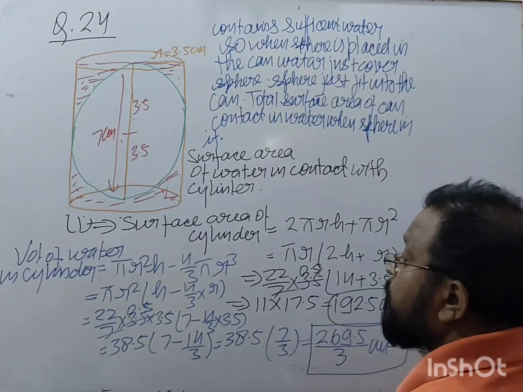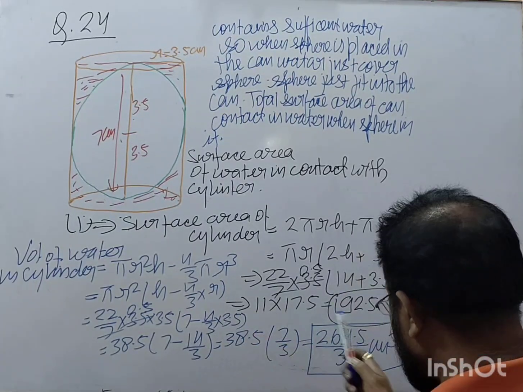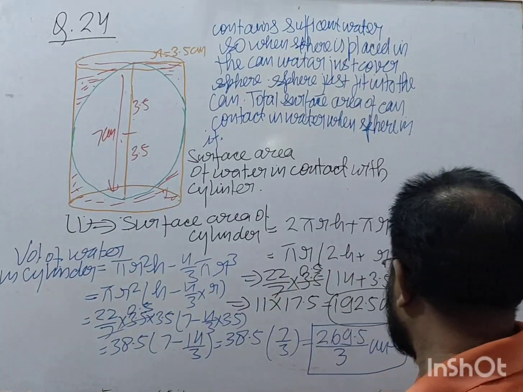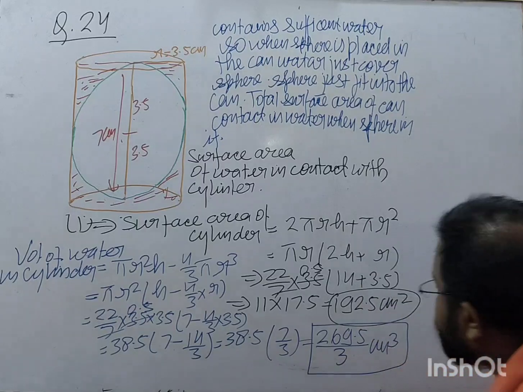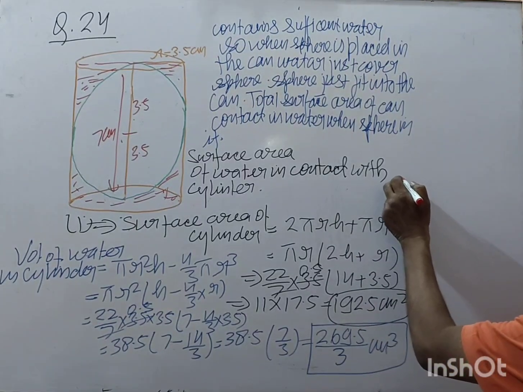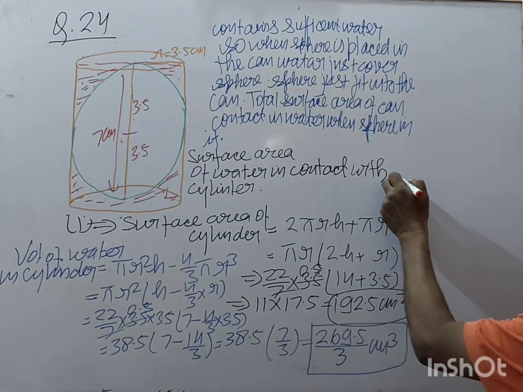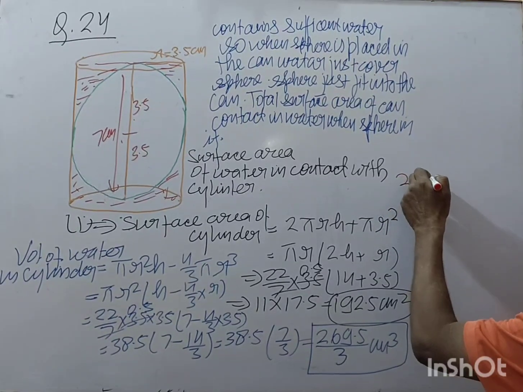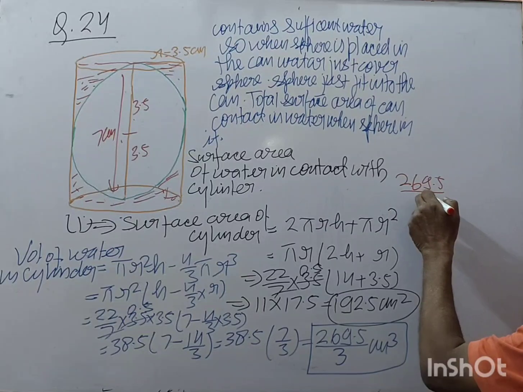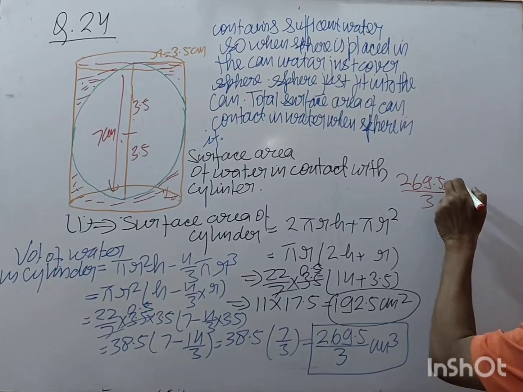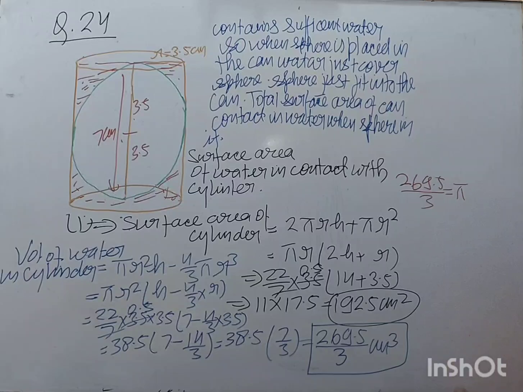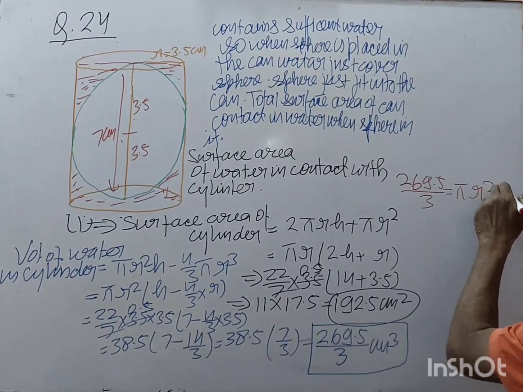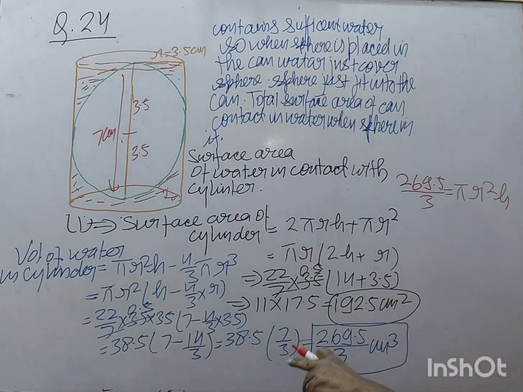This is the volume of water in the cylinder, this much. That is equal to 269.5 by 3, equal to pi r square h. This was the original volume of water.